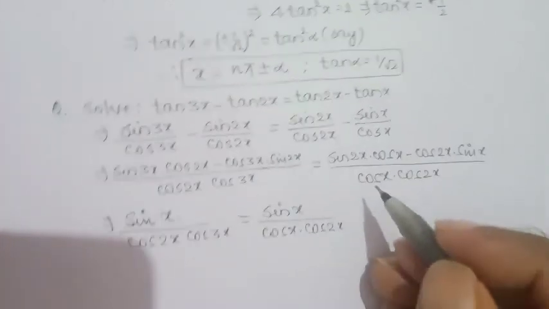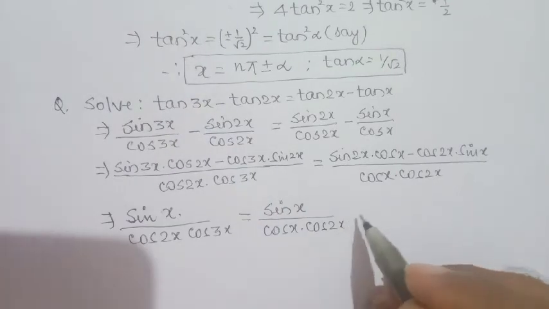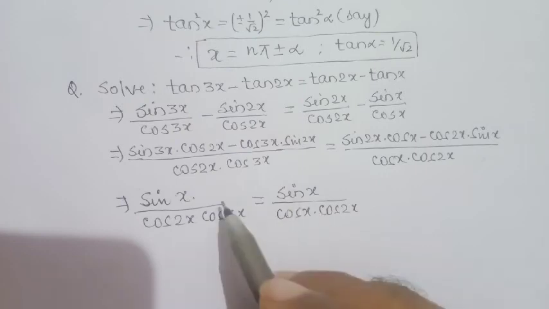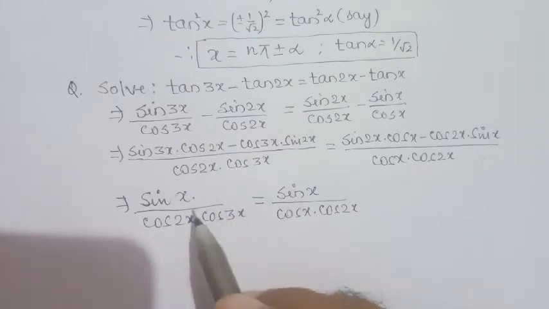Now, next step, multiply crosswise and bring both terms to the left side.